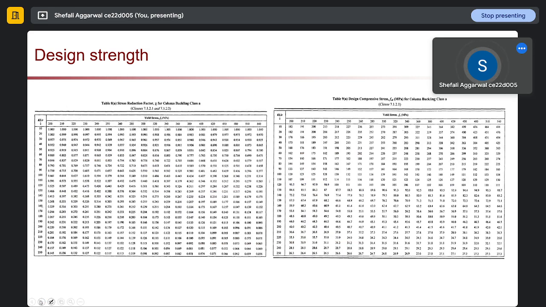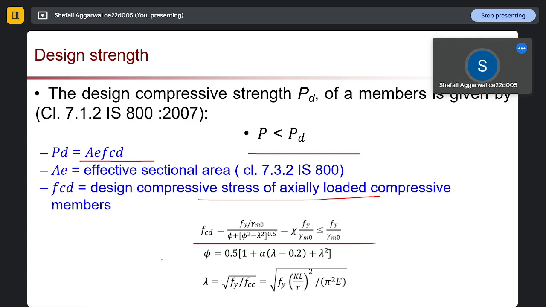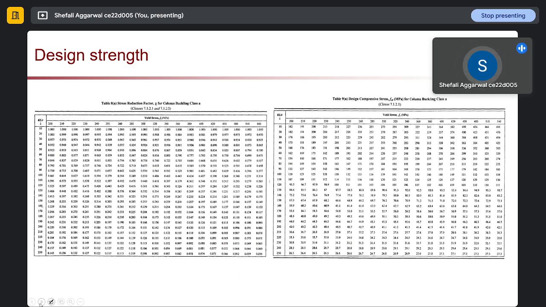So these are the different stress reduction factors. Here we are seeing many terms like gamma, phi, and so on. These can be calculated from IS 800. This is Xi, the stress reduction factor. From the stress reduction factor, we can calculate the KL upon r value.